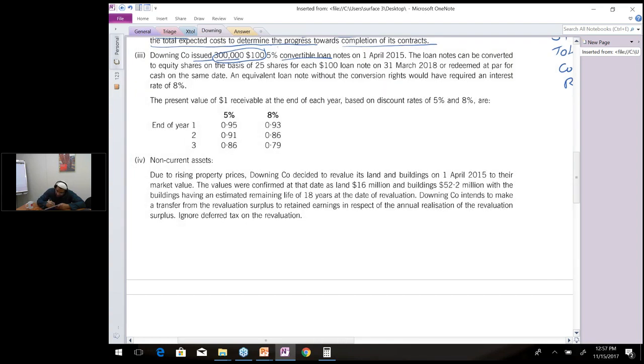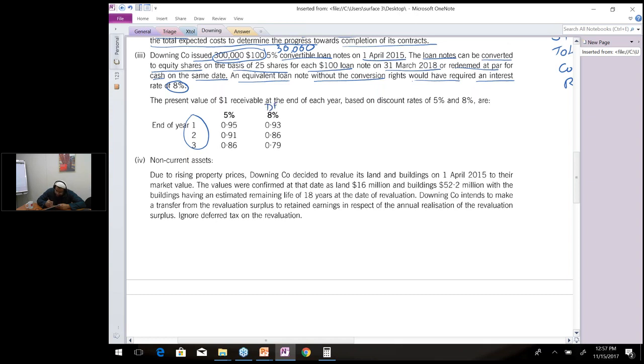On 1st April 2015, which was the start of the year, the loan notes can be converted to equity shares on the basis of 25 shares for each $100 on 31st March 2018, so we have 3 years, or redeemed at par for cash on the same date, so they can even be redeemed. An equivalent loan note without the conversion right would have required an interest of 8%. So this is the market rate.